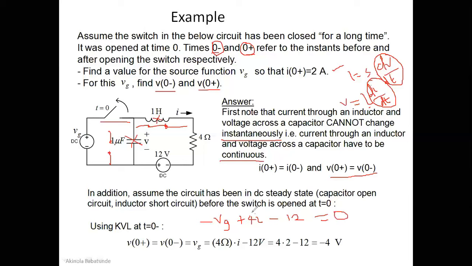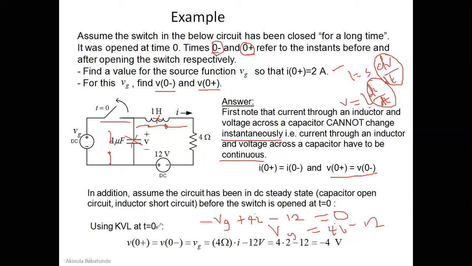Now if you rearrange this and make VG the subject of the formula, what you will find is that your VG will therefore be equal to 4I minus 12. That's what you're going to have. All right, and we already know that our I plus would be equal to I minus, and that would be equal to 2 amperes.